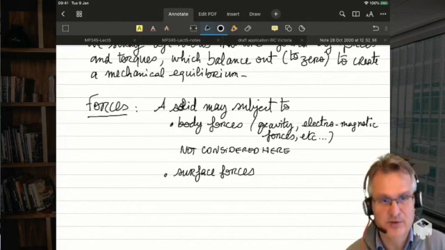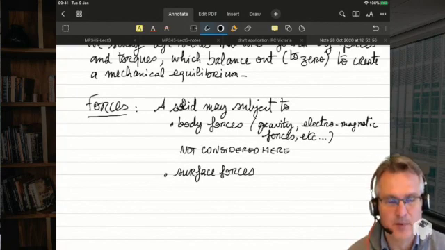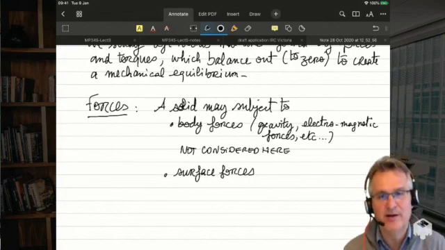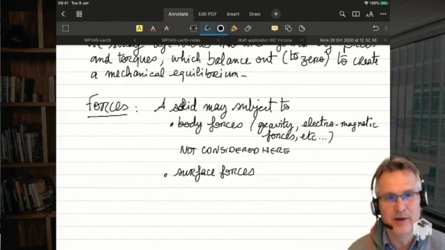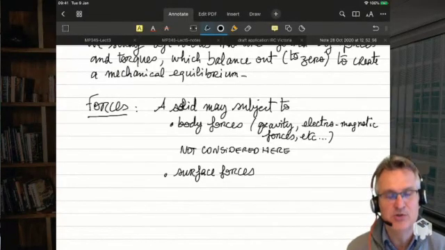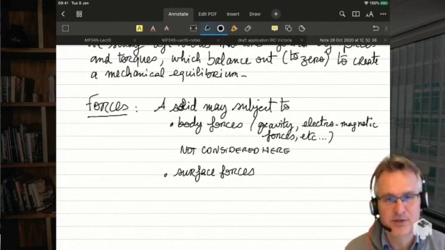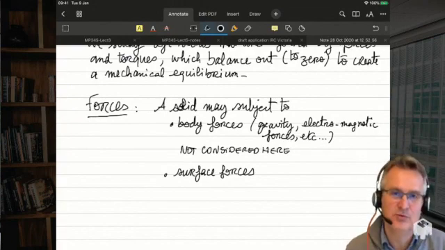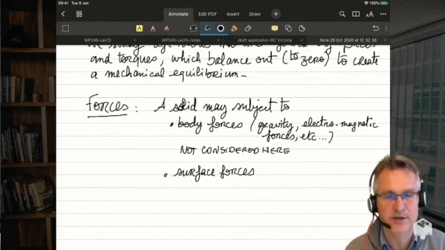And these are the ones we're going to consider in this course. And as I was showing you as well, clearly I could apply the same force depending on how much surface I apply it on.